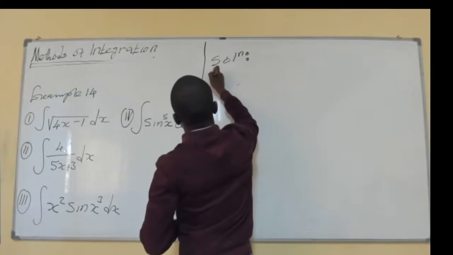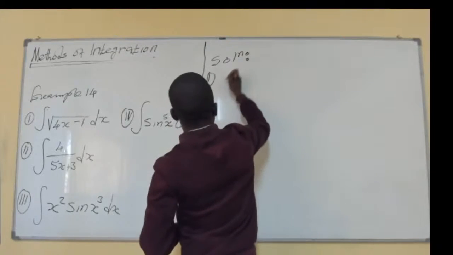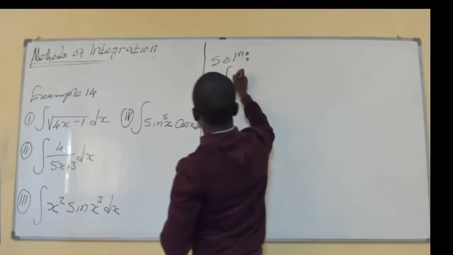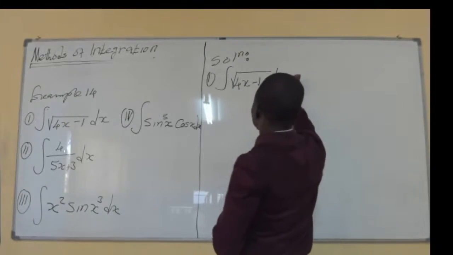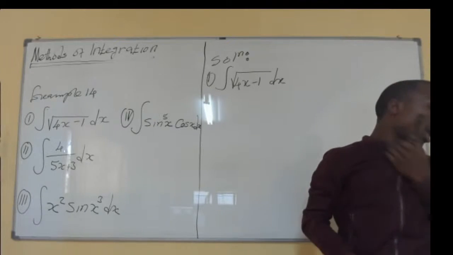We want to integrate the square root of 4x minus 1 with respect to x.